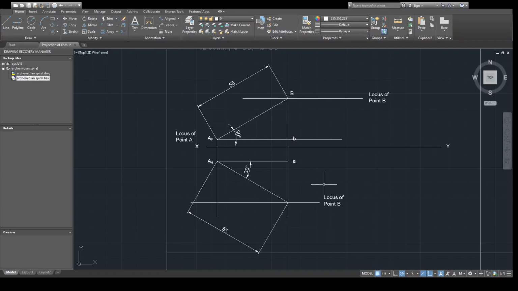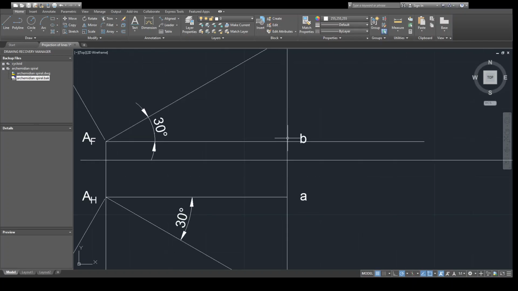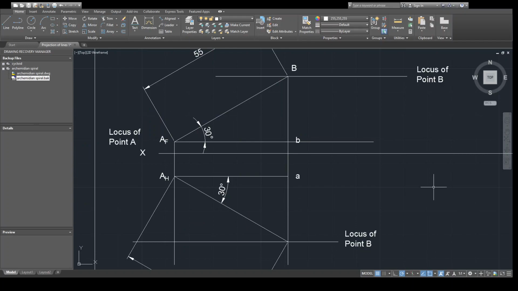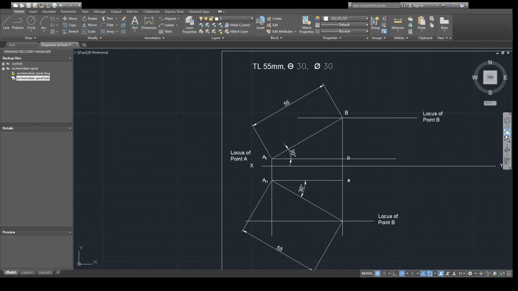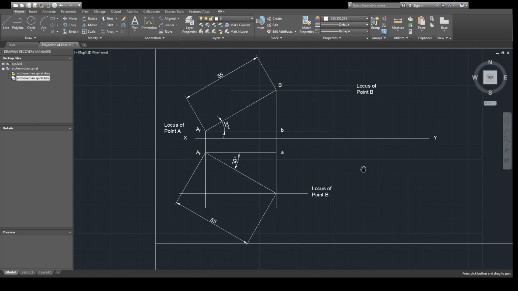Notations are not so important, logic is important. So we have drawn the true length in the top view now with 30 degree inclination, 55 mm length. We will extend the projections up to the locus of point A. You can see here it has cut the locus of point A somewhere here, and we call this point as B. Now what we have done here is, in the first case we have assumed the line is inclined to HP and parallel to VP.